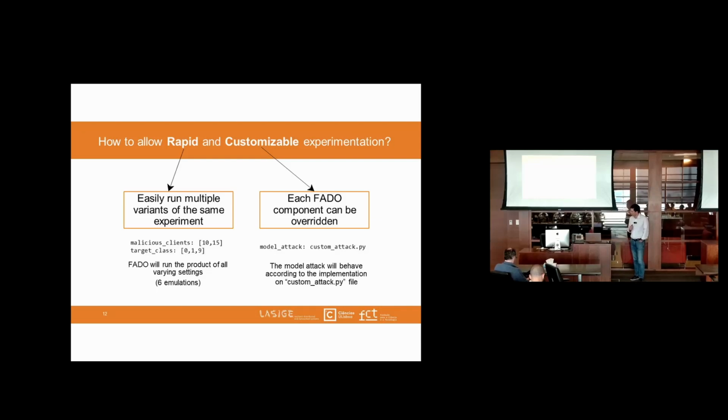Okay, how to allow rapid and customizable experimentation. Rapid means you can define different settings for different things. For instance, you might want to try malicious clients 10 or 15. You can try to attack different classes of your model, class 0, 1, and 9. You define this in the configuration file, and then FADO will run the product of all these settings in an automated manner.